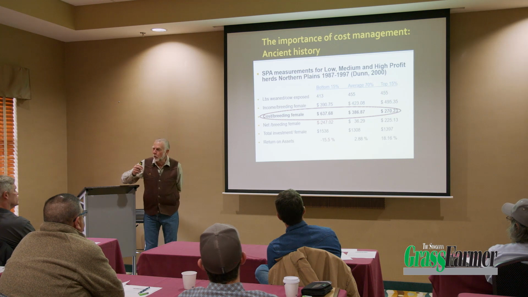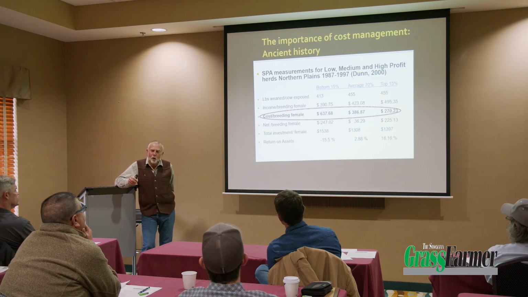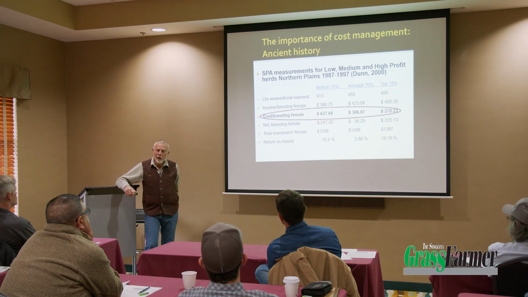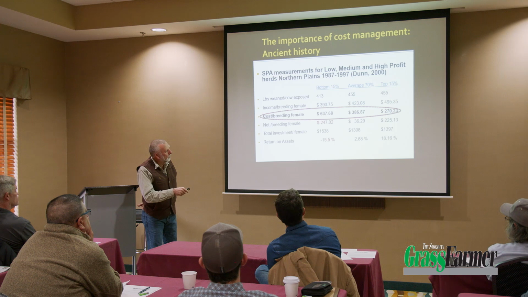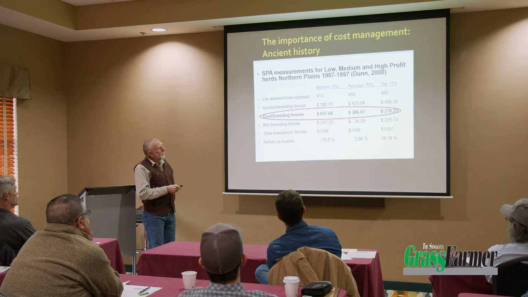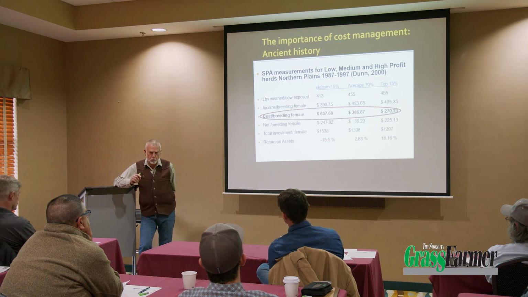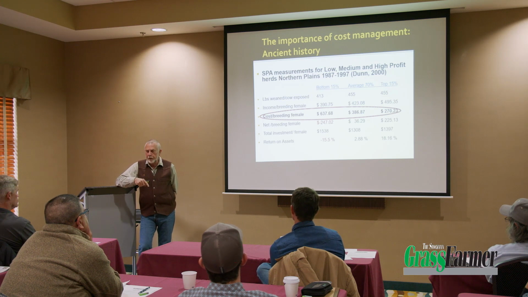Now, what I find really shocking is that the cost differential between the high profit and the low profit group is equivalent to the total cost of the average producer. That says these people are doing something not very clever. Right now, this is 2020, but I'm looking back at 2019, 2018 numbers.